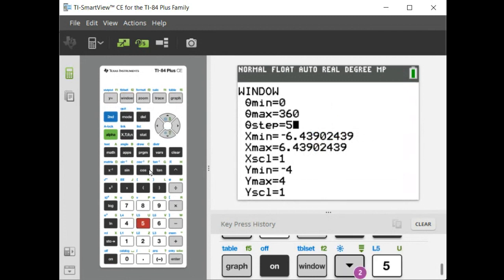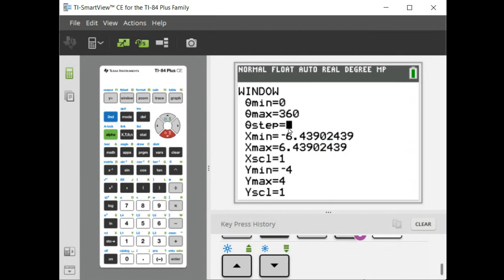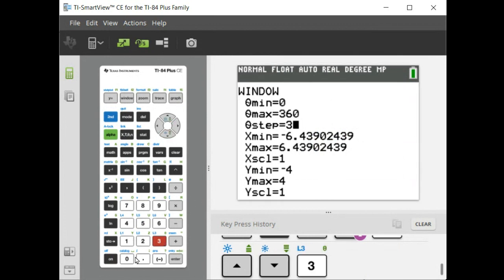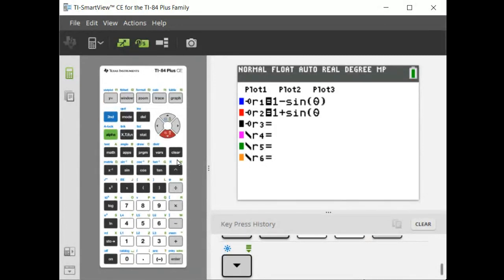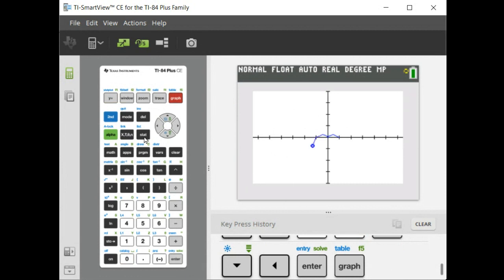Let me also show you what happens when the step is very big. Let's say the step is 30 degrees. Now you're going to get a very jagged, but very quick drawing.